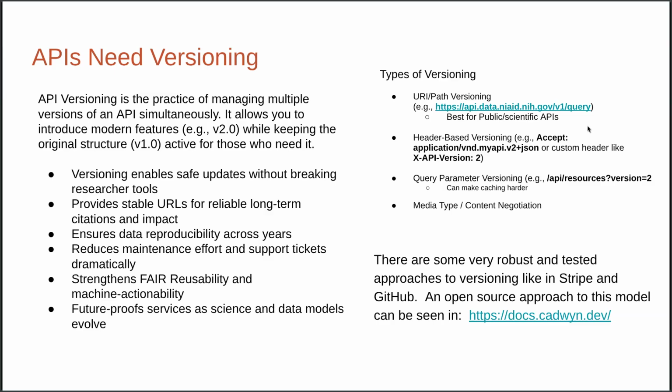One of the things that I discovered while putting the slide together, which I wanted to share, was that both Stripe and GitHub have a very robust approach to versioning, which was very interesting to see. And there's actually an open source implementation of this model.